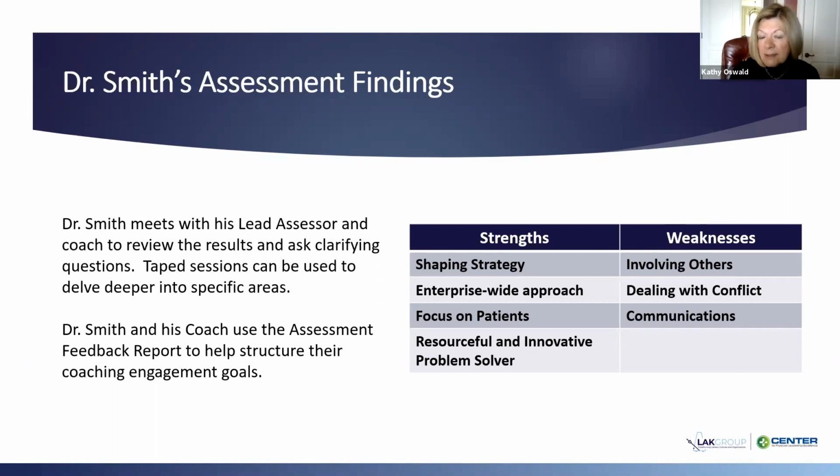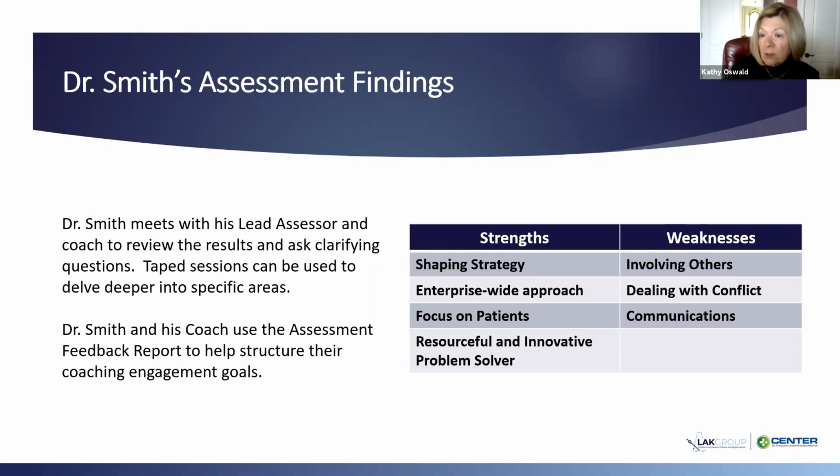On the right-hand side of the slide, just a little bit about Dr. Smith in particular. Great at shaping strategy, enterprise thinking about the system as a whole, focus on patients, resourceful, innovative problem solver, whereas weaknesses were in the area of involving others, especially at the beginning of solving a problem. He would solve a problem and then communicate the problem and what he wanted to do, but really didn't involve people as quickly as he should.